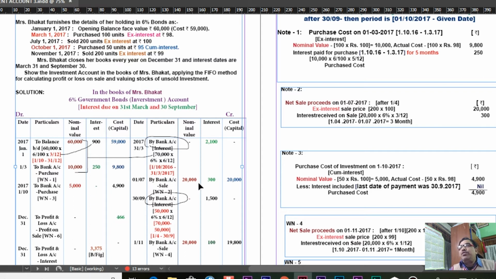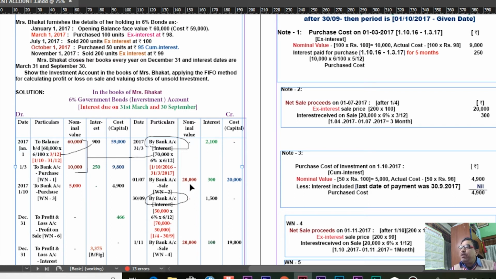How much? 20,000 rupees under nominal value. How did you get it? 200 units into 100, that is 20,000. And see note number 2. Now come to note number 2: 200 into 100 rupees, that is 20,000 rupees under nominal value.